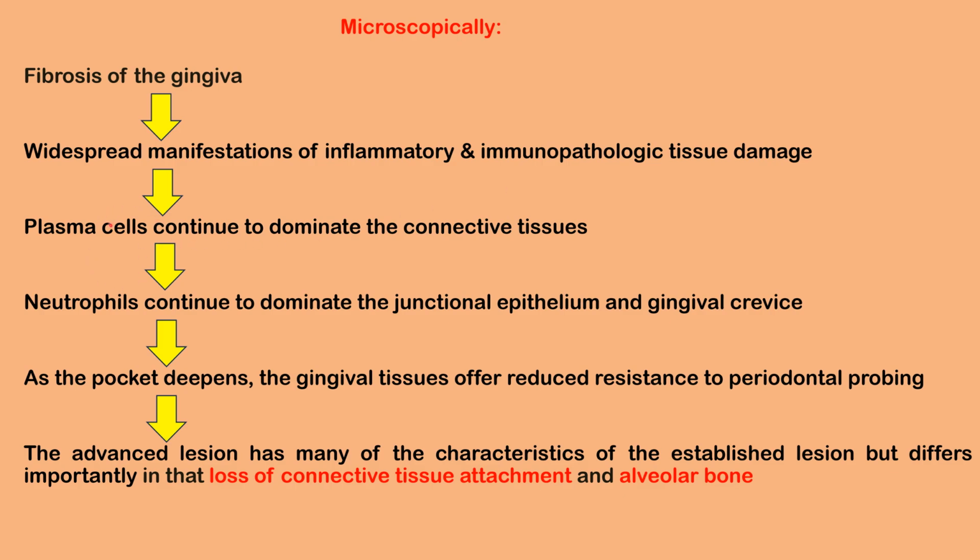There is predominance of plasma cells in the connective tissue, and in the junctional epithelium and gingival crevice, neutrophils dominate. As the pocket deepens, the gingival tissues offer reduced resistance to periodontal probing. The main characteristic of the advanced lesion is the loss of connective tissue attachment and alveolar bone.